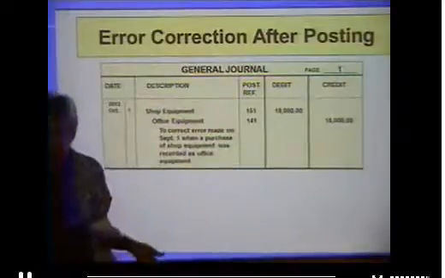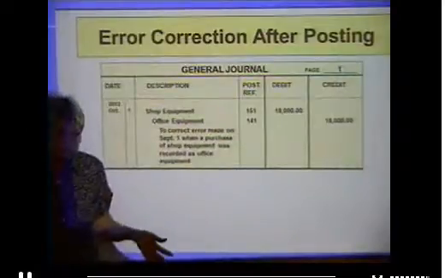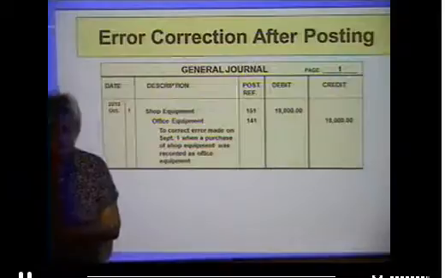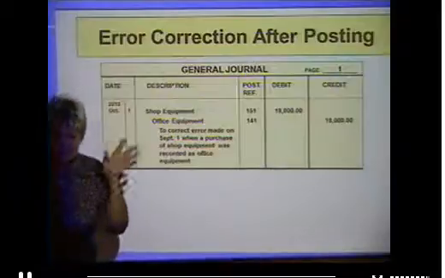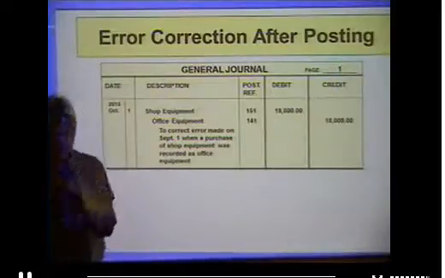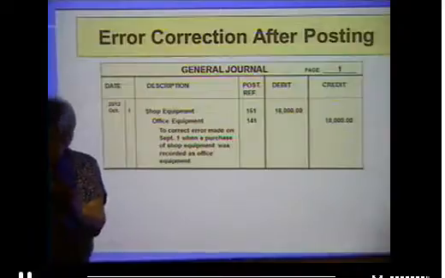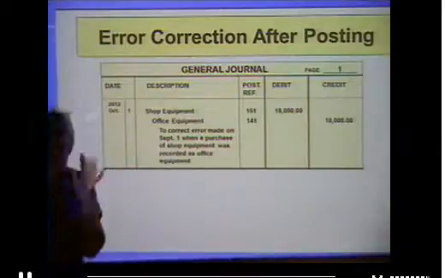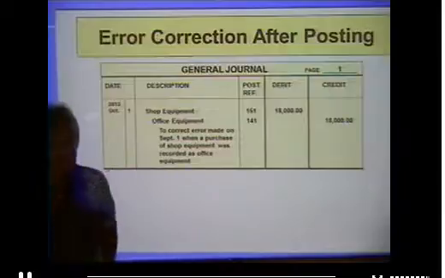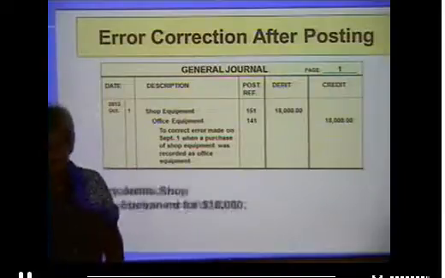When you do your reports, it's going to be all right because that ledger account is going to zero out the amount that you did wrong. It's not going to show up in there. Do you have that picture in your mind? So now it would be correct.